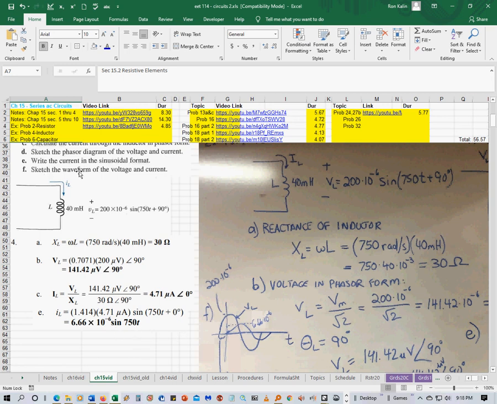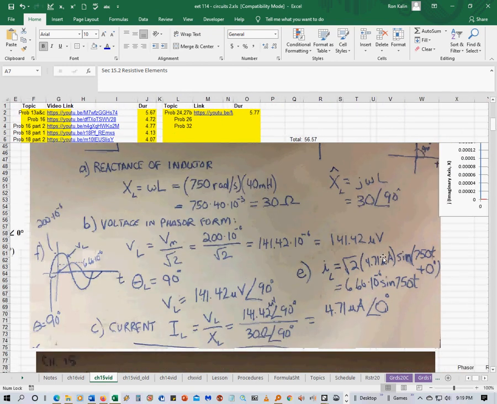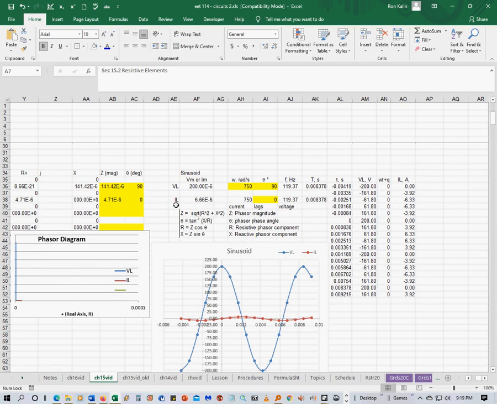And then part F says sketch the waveform of the voltage and current. So here's the voltage, here's the current. And if we look over at this, I also did part E over here. If we look at the sinusoid, I graphed this. This is about a period and a half.